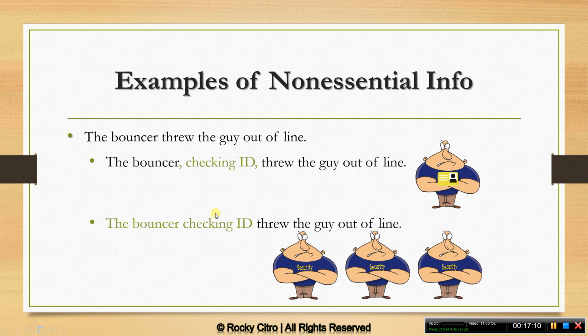So maybe somebody asks you, hey, which bouncer threw the guy out of line? Well, it was the bouncer checking the ID who threw him out of line. And this comes up a lot of times when you need to clarify between multiple options or people or something that's going on in the sentence, and you're not sure without this essential information. Remember, not essential, commas; essential, no commas.